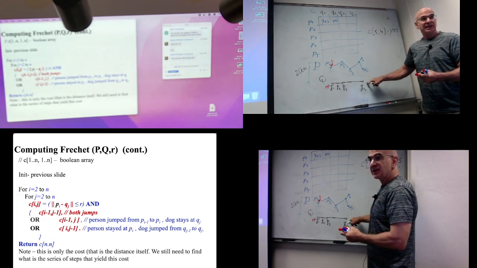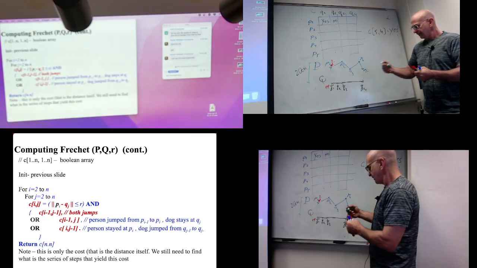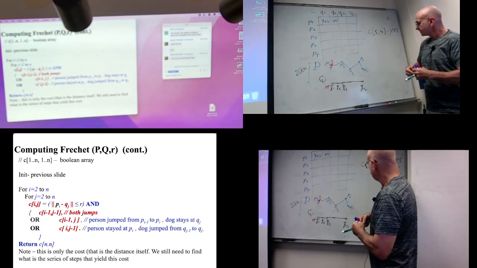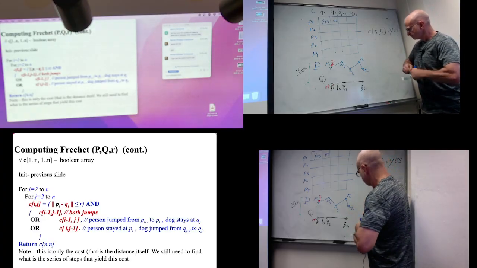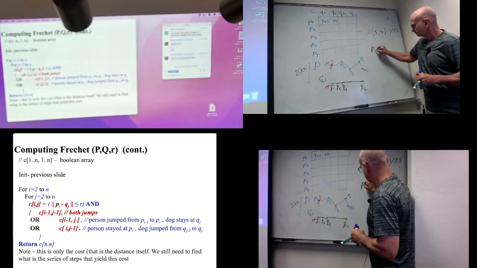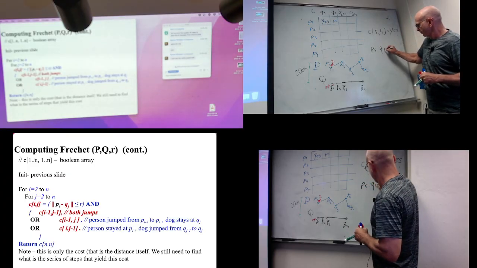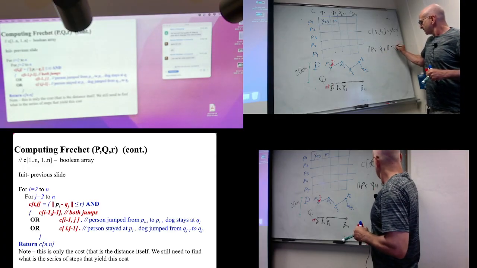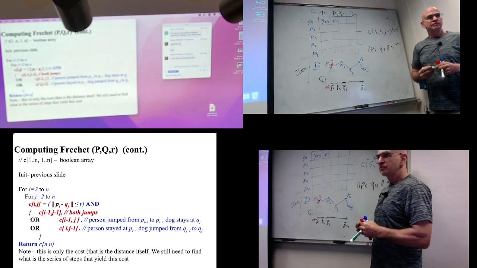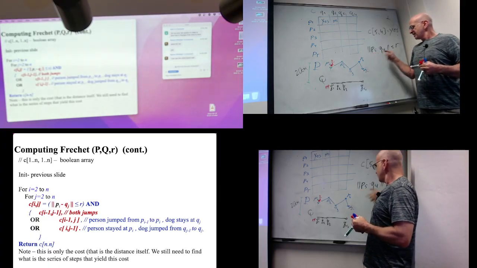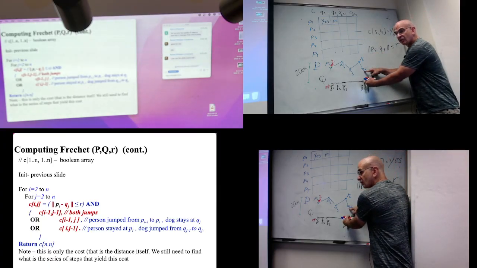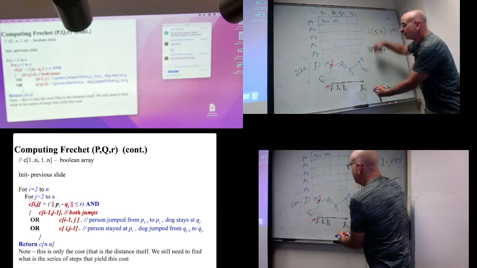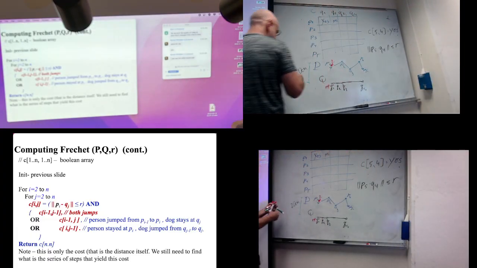So I first check the distance between P5 and Q4. Right? Check the distance, P5 minus Q4, the distance between these two points, and check if this is less than R. And if the answer is no, these two vertices are already too far away. Let's write a different example.